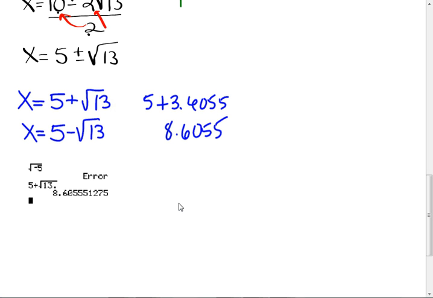And the square root is this one. But you've got to put the 13 in first, and then you have to hit the square root button. I don't like the phone app. It's not very good. 3.6055. Okay, guys.